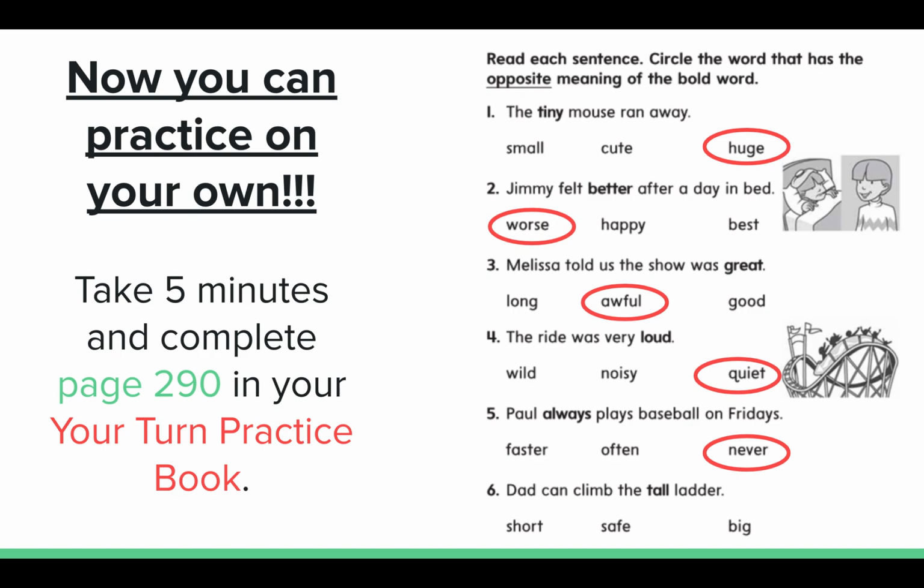Never. Good job. And last one, Dad can climb the tall ladder. What is the opposite of tall? Short. Great job, everybody. We're going to practice more of these antonyms later this week. Just remember, an antonym is just the opposite meaning.